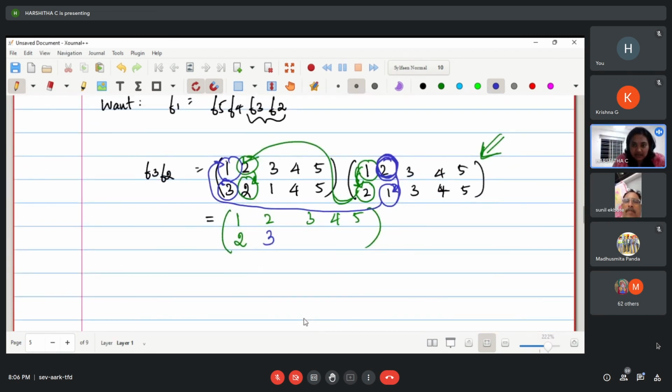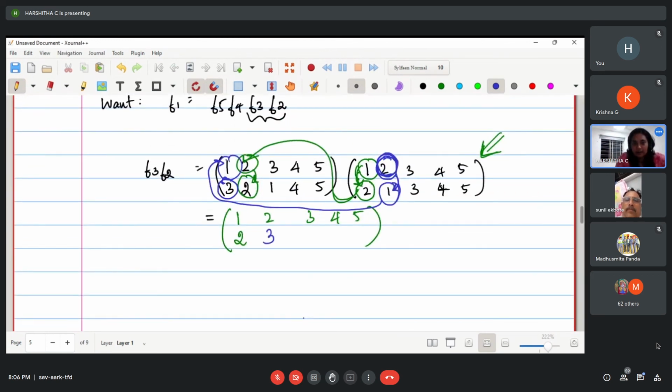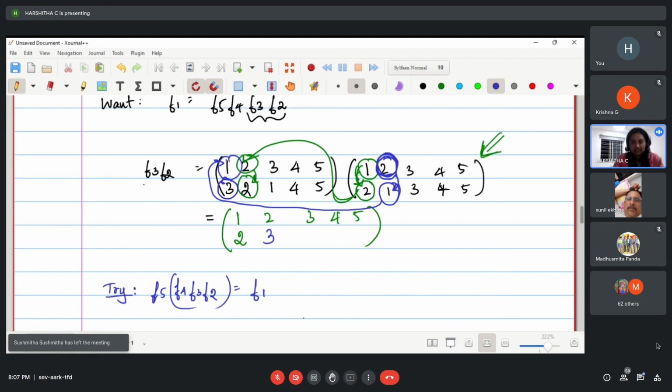Okay, so you can continue this process. Once you get F3 into F2, you take F4 and take the product with it. And once you get this function, you take F5 again. So you'll see that this is equal to F1. So you can try this if you've understood the procedure.